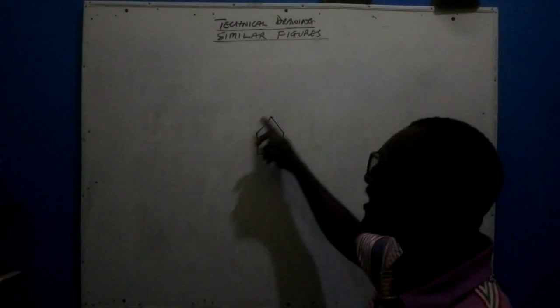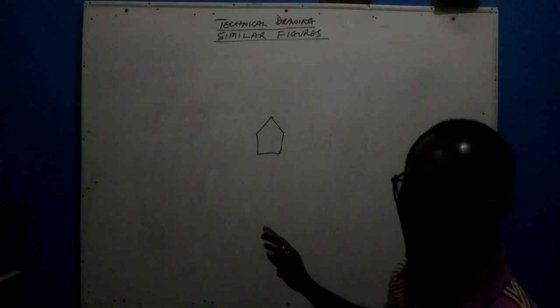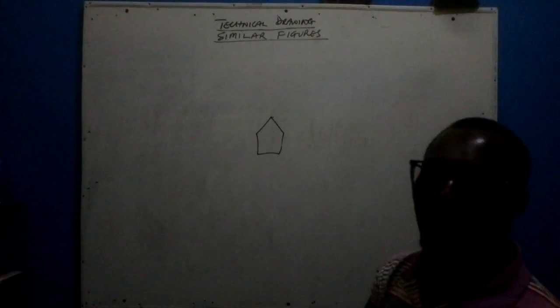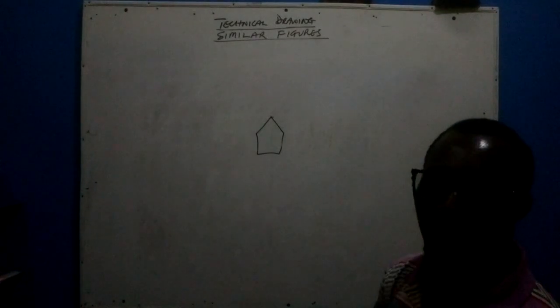but different in size. For example, they are giving you a pentagon, and before you can draw the similar figure of this pentagon, the answer that you are going to get should be the same thing, no changes, but it can be small or it can be big.